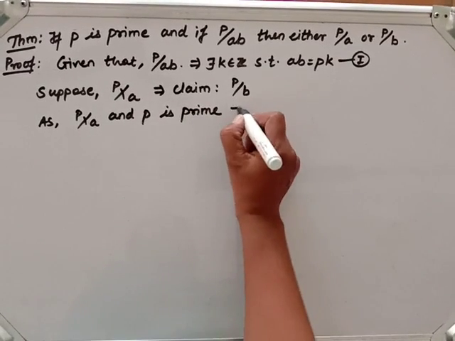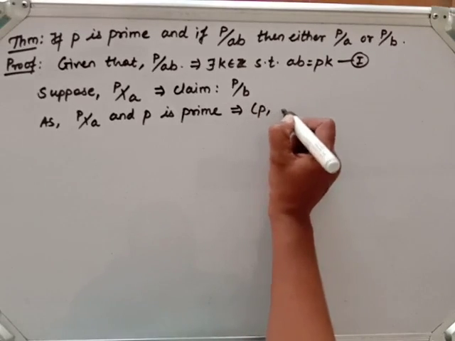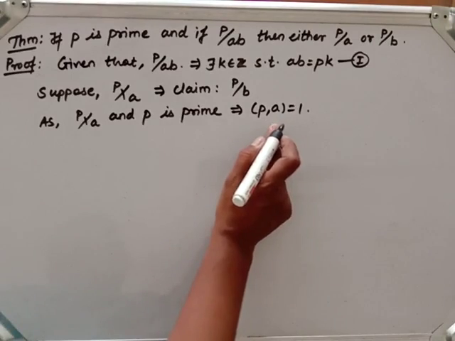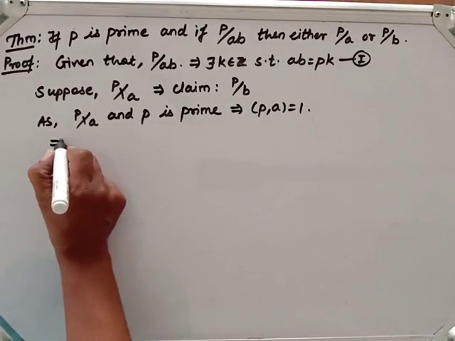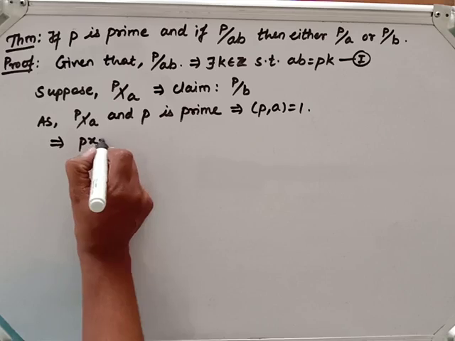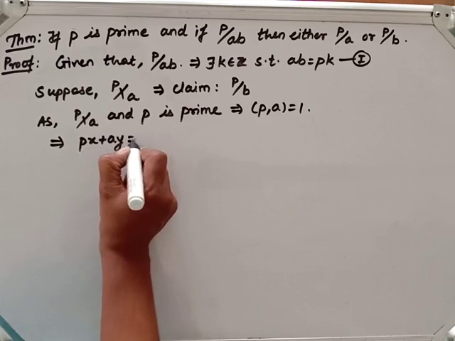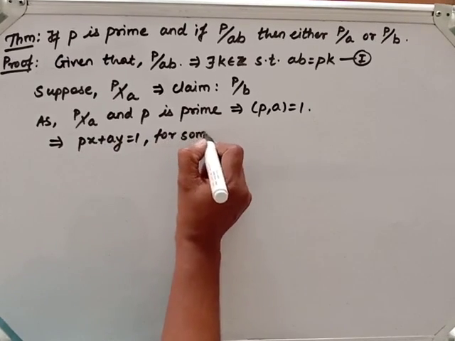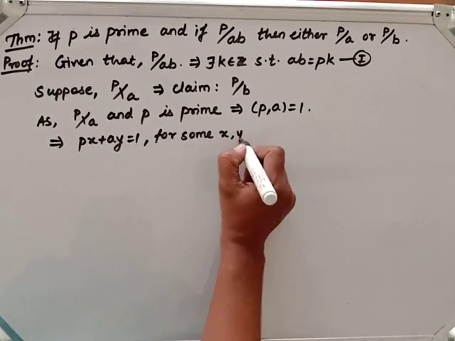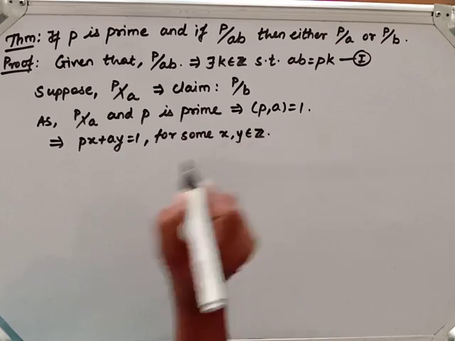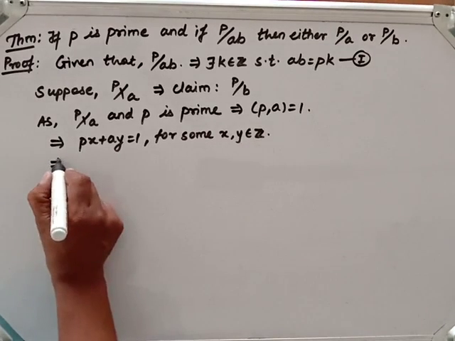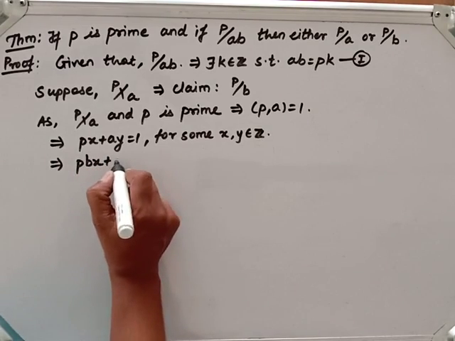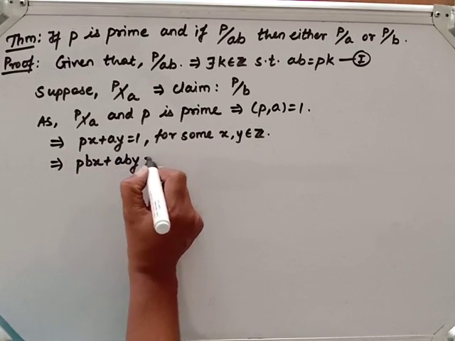If the GCD of P and A is 1, this gives Px plus Ay is equal to 1 for some x, y belonging to the set of integers.